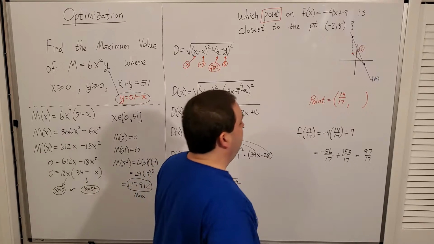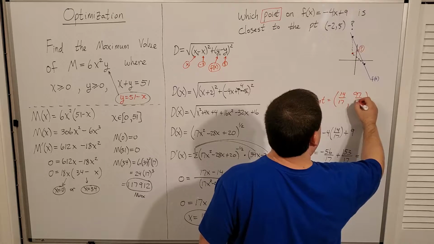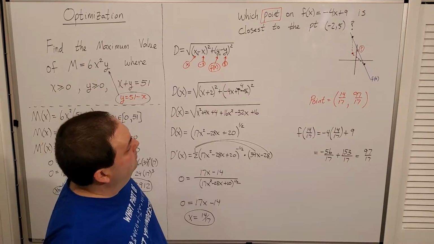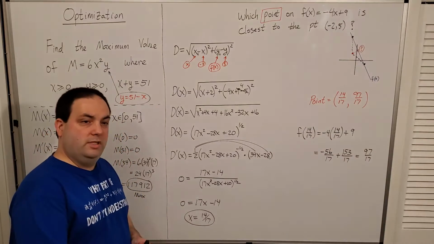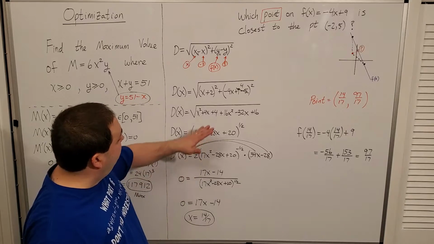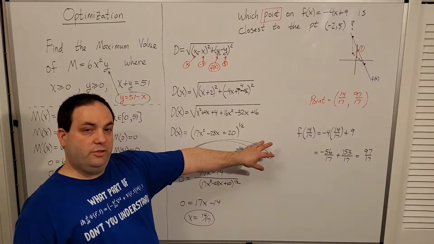So the other coordinate to the point is 97 over 17. So that's the point that's going to be closest. And yes, I could have thrown a lot more stuff into this. Like I said, you can find the domain on this function, and that would actually give you your interval, okay?